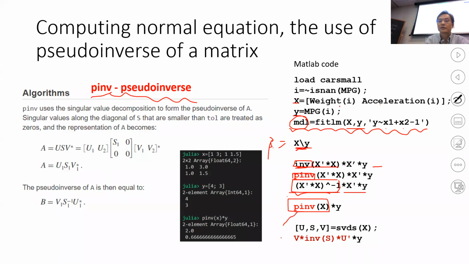The pseudo inversion is calculated through SVD, and the SVD will be explained in the next lecture. That's one of the applications of SVD decomposition. But anyway, this is a numerical example to give you the idea about using the normal equation to estimate the beta values for a linear regression problem.